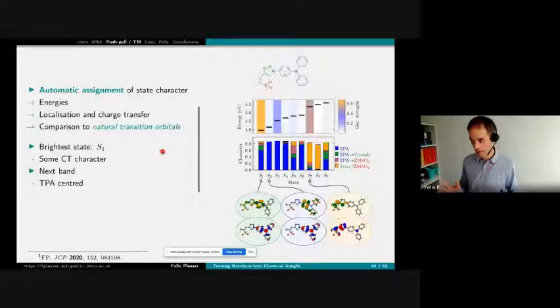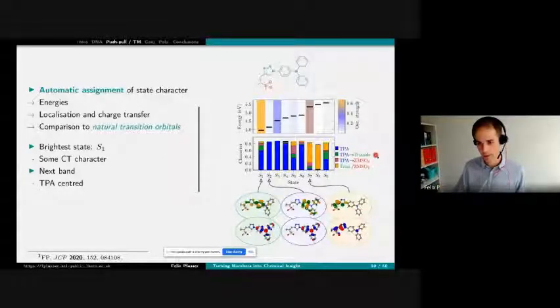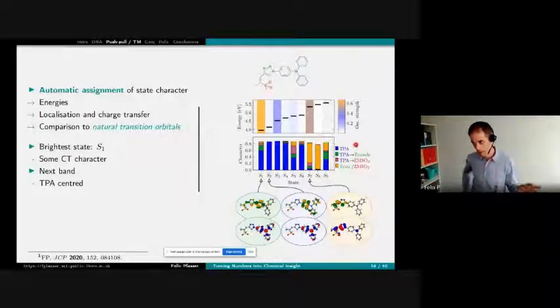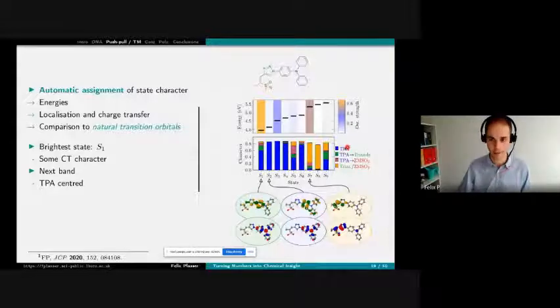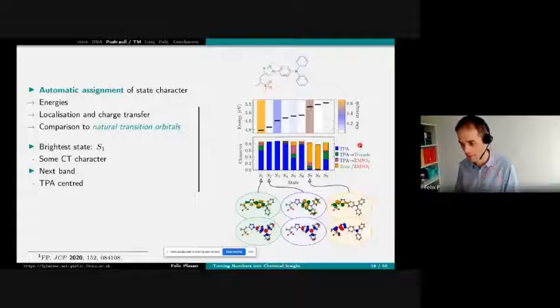I guess the missing bits are either double excitations, or I'm not quite sure if there are some contributions that we didn't compute here, let's say from triazole to TPA. So they're both things missing. Double excitations we couldn't analyze in principle, and then the other things we just didn't include, otherwise I'd have too many bars.